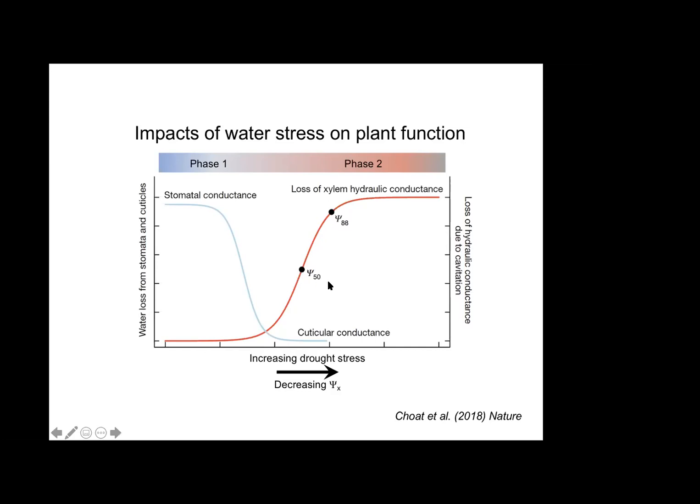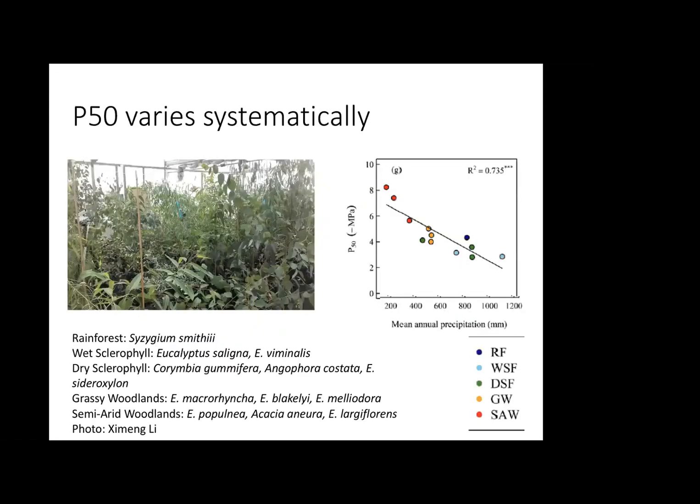The Xi 50, the 50% loss of hydraulic conductivity, is one really good measure of the water stress that different species can cope with.